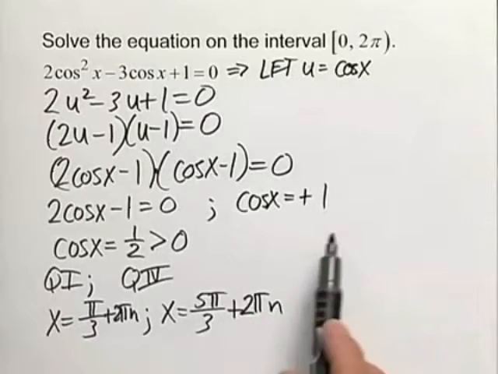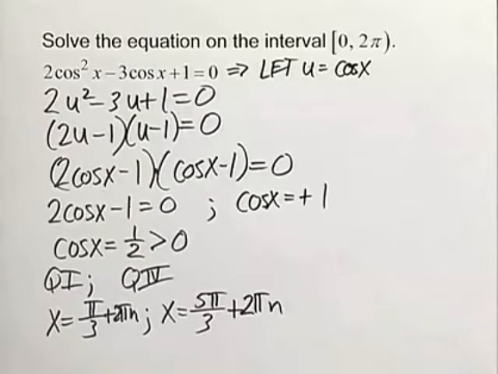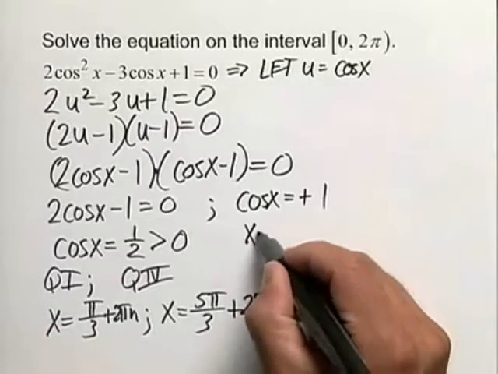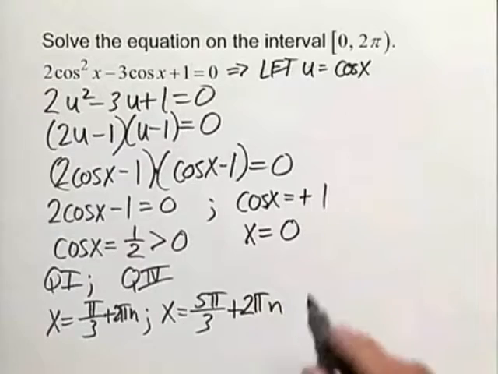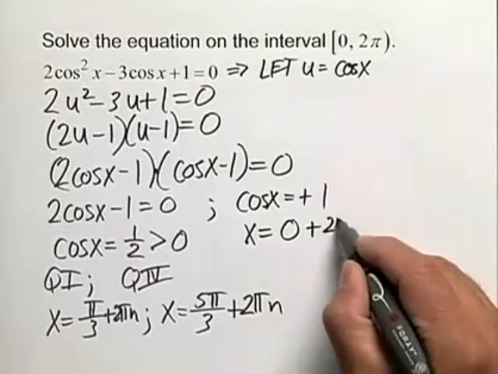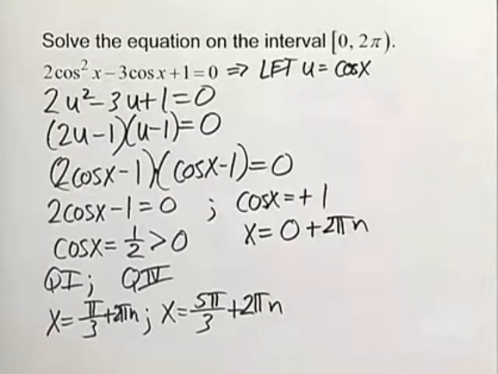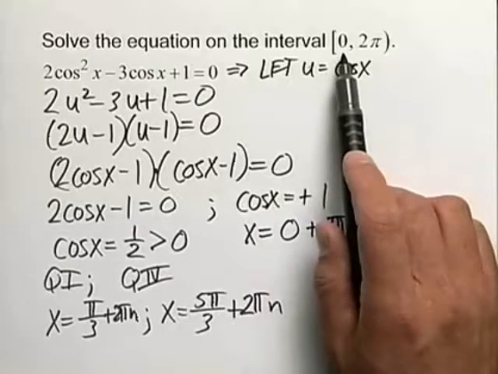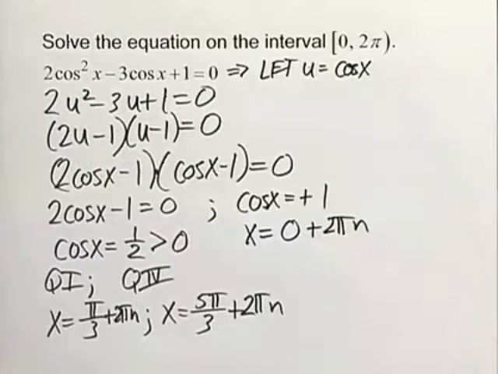Now, let's focus our attention on the equation cosine x equals 1. We know that this happens when x is equal to 0 radians, and again, addressing the periodicity, we'll add 2 pi n. Now, the one hang-up we have is that our solutions are to be between 0 and 2 pi radians.